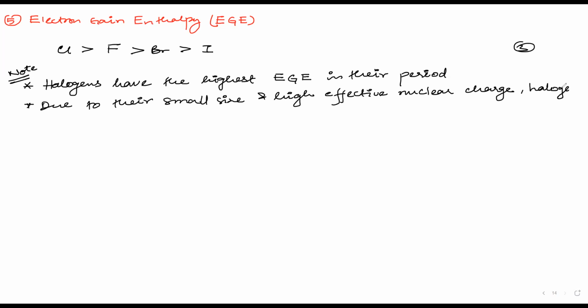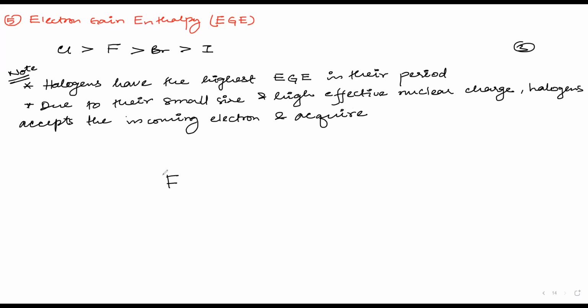Halogens accept the incoming electron and acquire stable noble gas configuration. Now, if you have fluorine, how many valence electrons? 7. If you add an electron, you will get fluoride, F negative, but this will have a stable noble gas configuration, 8 electrons, right?